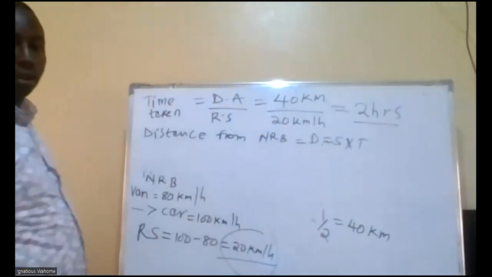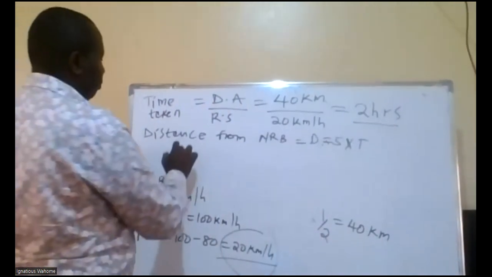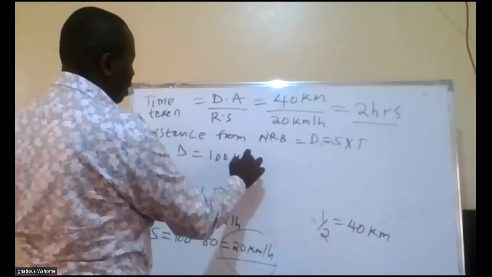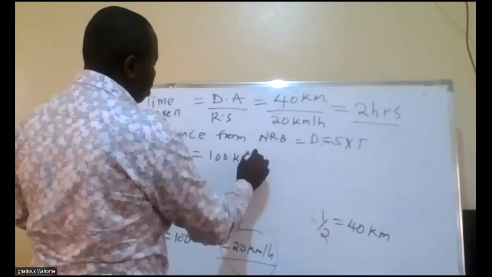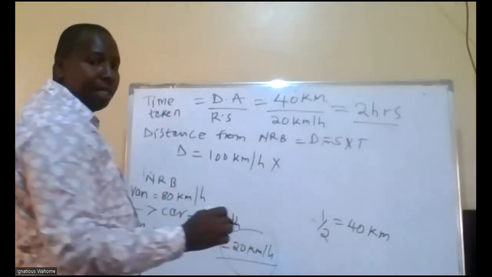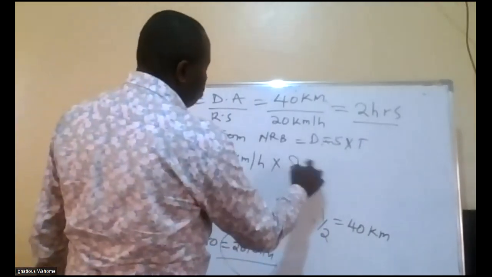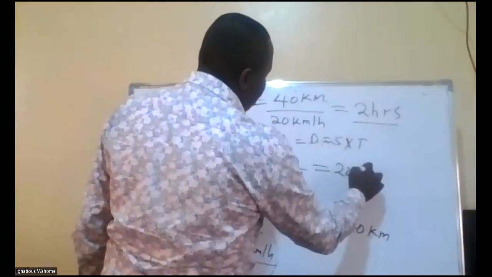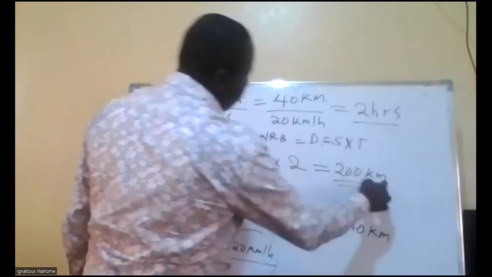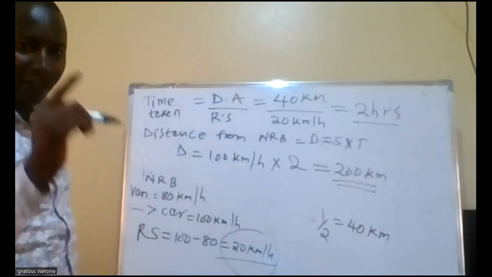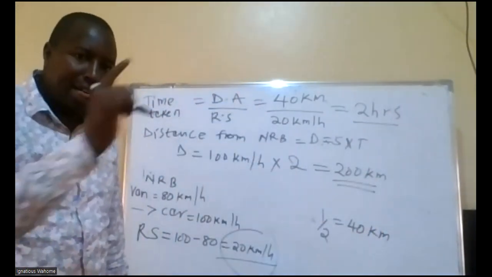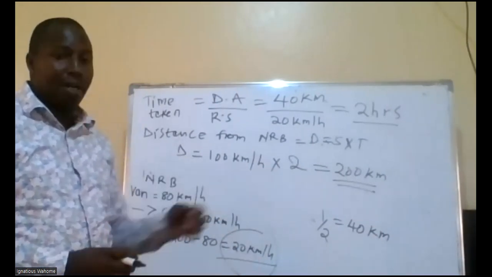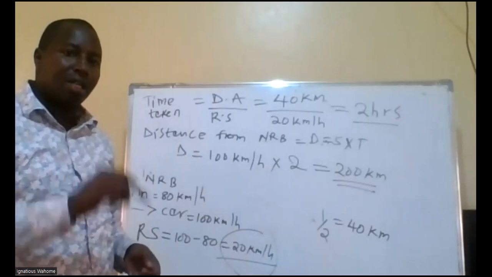What's the speed of the car? The speed of the car is 100 kilometers per hour, times the time taken, which was 2 hours. So this was 200 kilometers. So the car traveled a distance of 200 kilometers to catch up with the van. So that's the distance from Nairobi.